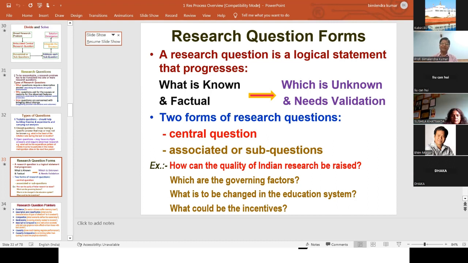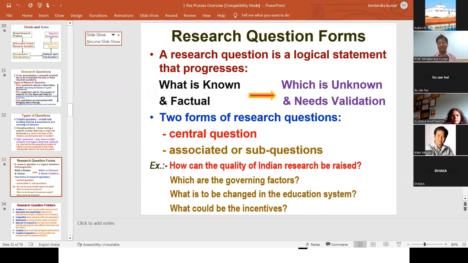If a person is interested in doing research on Buddhist education or the education system in any country, then the question is how the quality of Indian research can be raised, since it is decreasing.